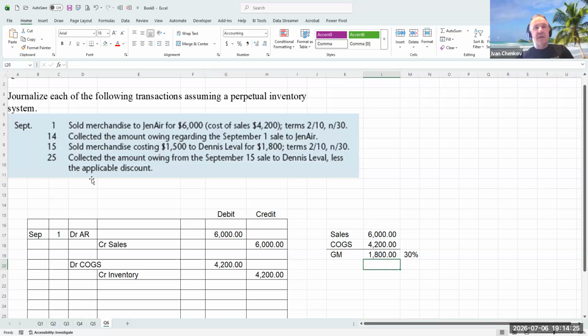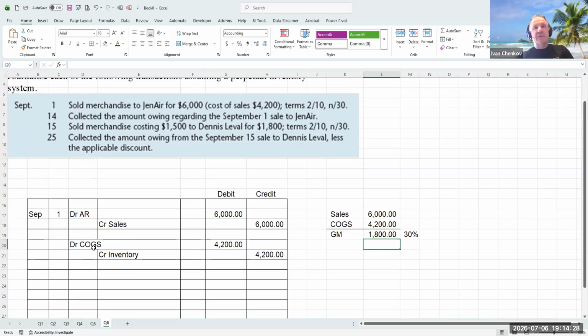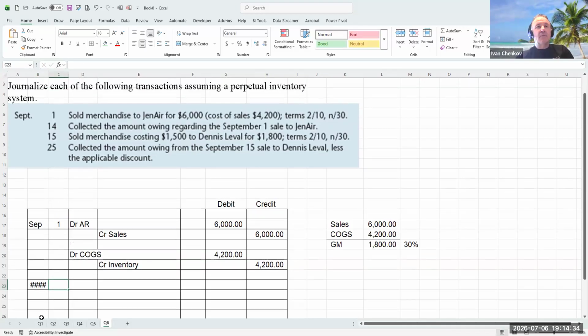Now let's do the second entry, which is for September 14. What happened on September 14? We collect whatever we couldn't collect on September 1st. So debit cash, finally some cash coming, which is $6,000, and we're closing the accounts receivable.